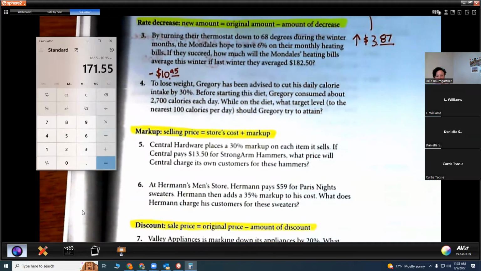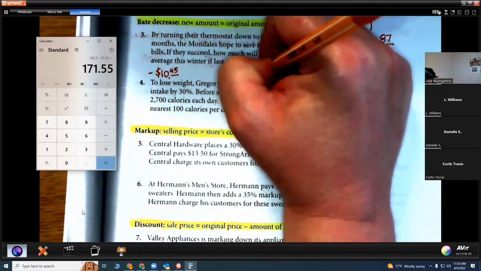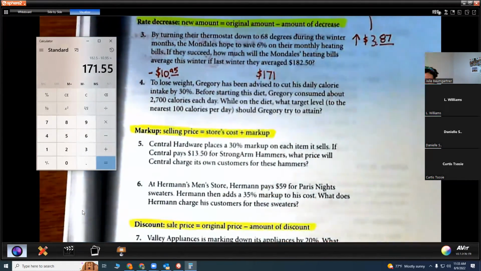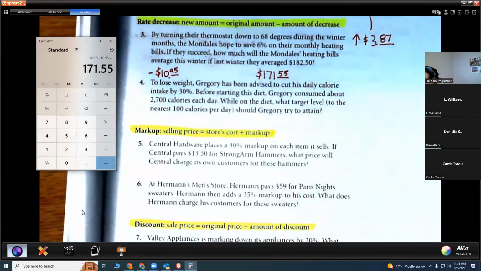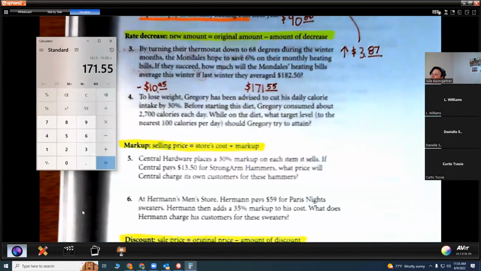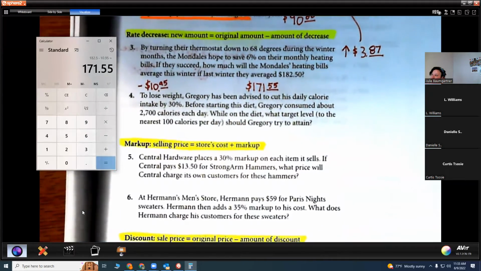And so hopefully, with that cost saving measure, their heating bills will now be $171.55. Okay. So go ahead and try number 4. See how it works.